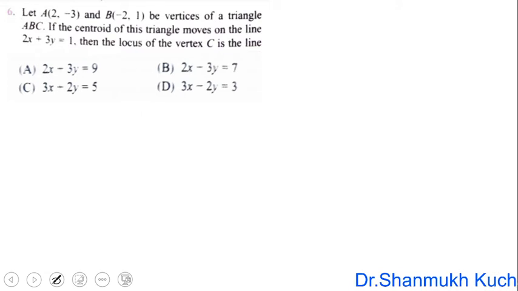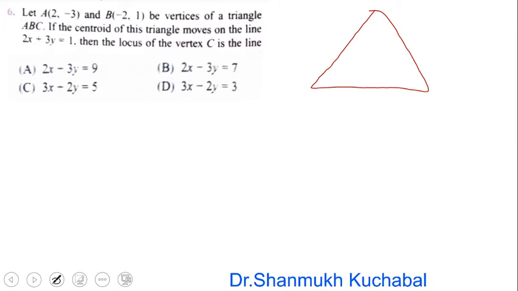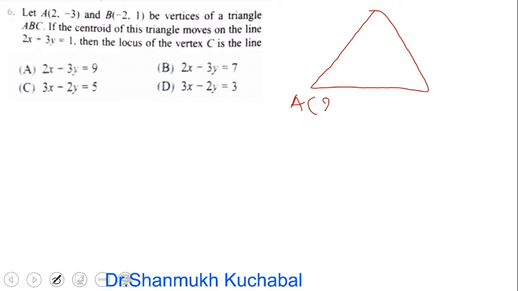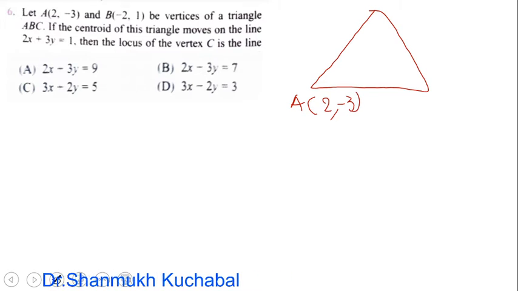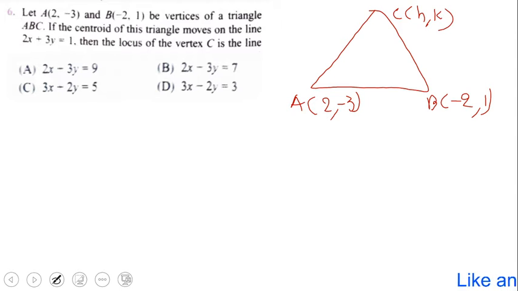So the diagram is in this way. The point A is 2 comma minus 3, point B is minus 2 comma 1, point C is h comma k.